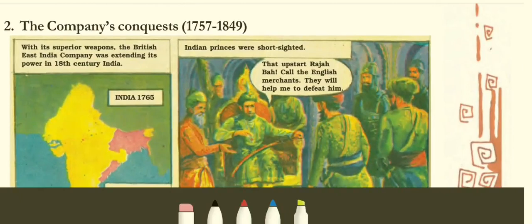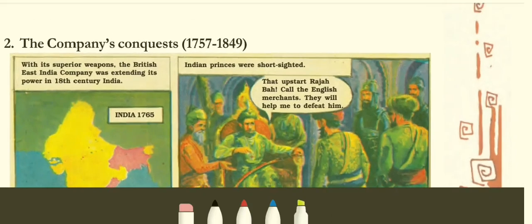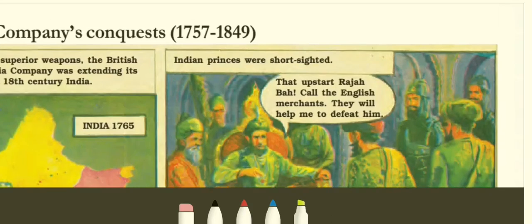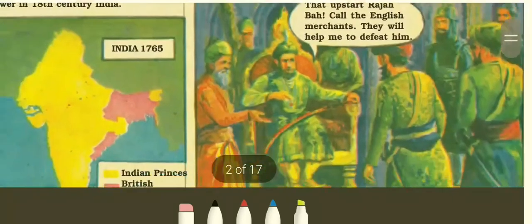In 18th century India, the British East India Company, who primarily came in as businessmen, started expanding their occupation of India. Clear? You see, this is what undivided India used to look like.